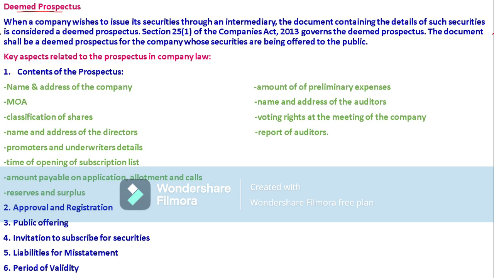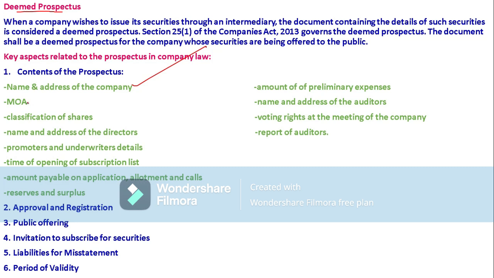Under the contents of the prospectus, the first one is the name and address of the company. It should be given: what is the name of the company, where it is located or going to be located.